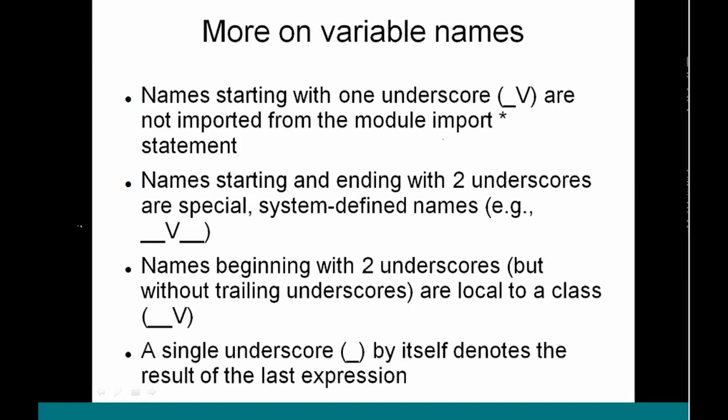We will look at how to use that later on. And then names starting and ending with two underscores, like underscore underscore b underscore underscore, are special. They are system defined names.